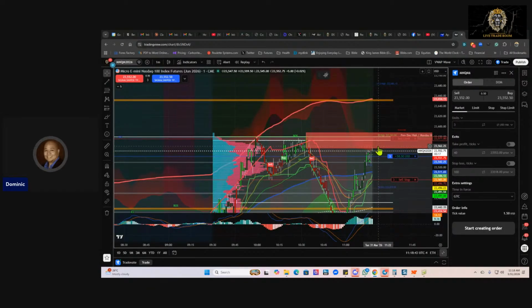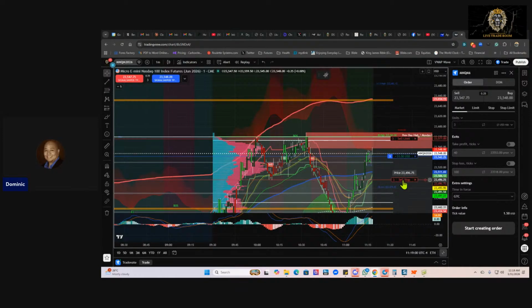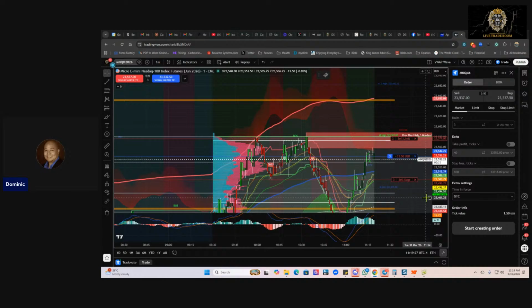Well, it's basically in the middle of this liquidity zone. So I have 3 micros right on that. So let's see.